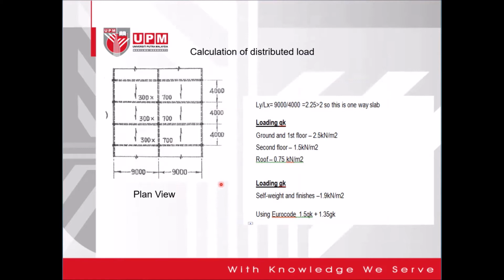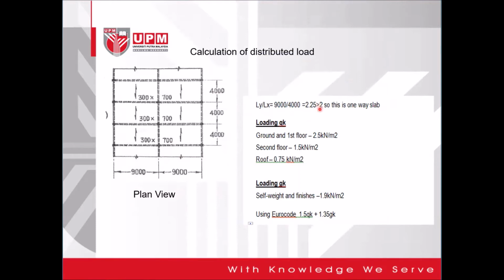To know whether it is a one-way slab or two-way slab, we divide the longest span by the shortest span, which is 9,000 millimeters divided by 4,000, and we get 2.25.